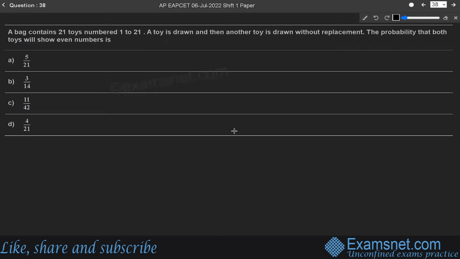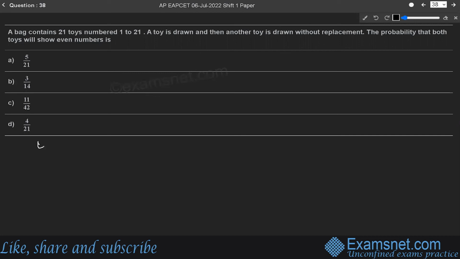Next question is also from probability, and the question is, a bag contains 21 toys numbered 1 to 21. A toy is drawn and then another toy is drawn without replacement. The probability that both toys will show even numbers is.